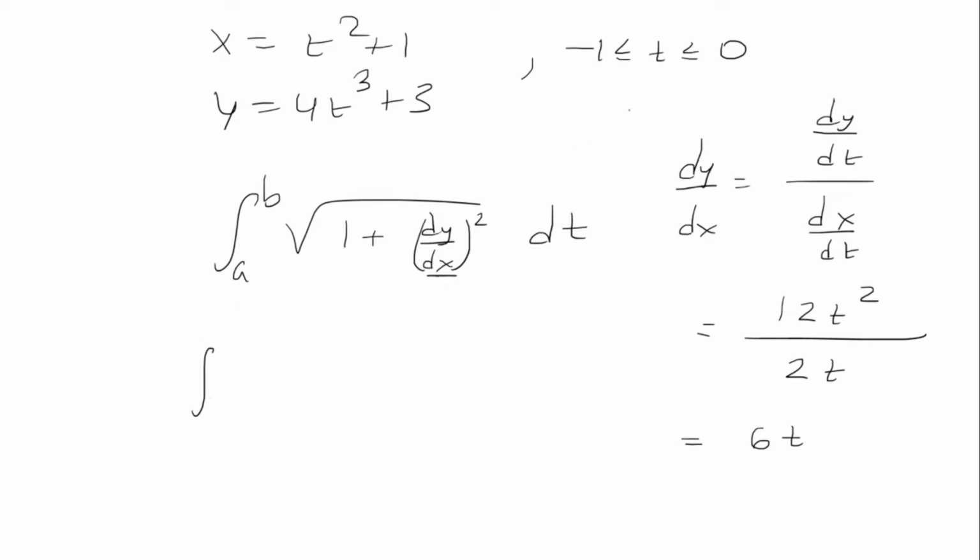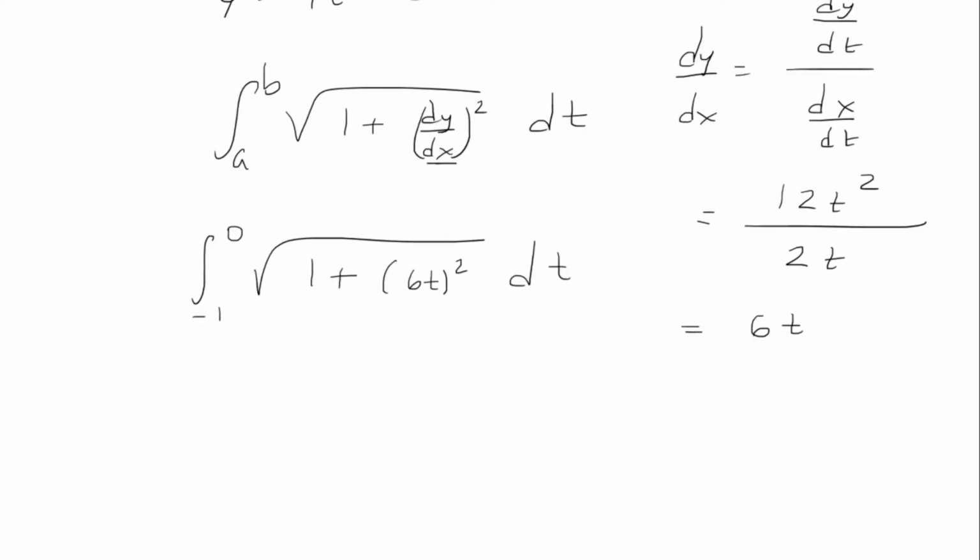So I can plug that into dy over dx. The limits I'm going to use are -1 to 0, because that's what we're given. And then we have the square root of 1 plus 6t squared dt. Let's distribute the exponent to the 6 and the t to get 36t squared dt.